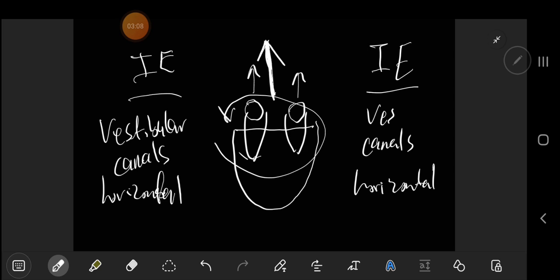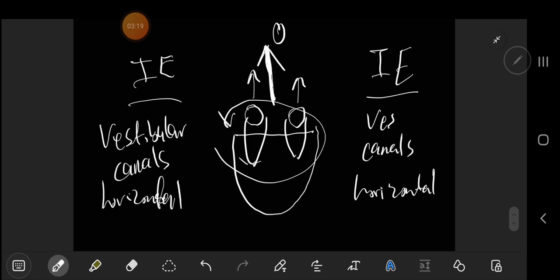Now what will happen when you move your head in this way? If you want to fix your gaze on something that is in front of you, while you are moving your head in this direction, your eyes, in order to fixate on this thing, will move in that direction. Try it yourself. Move your head in this direction, roll it over, and look at your eyes.